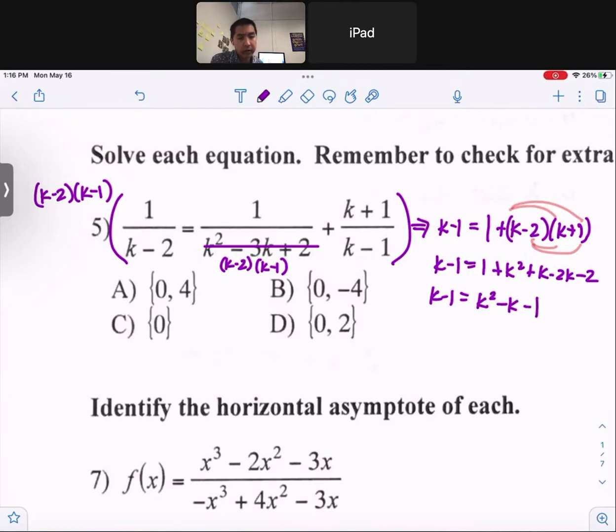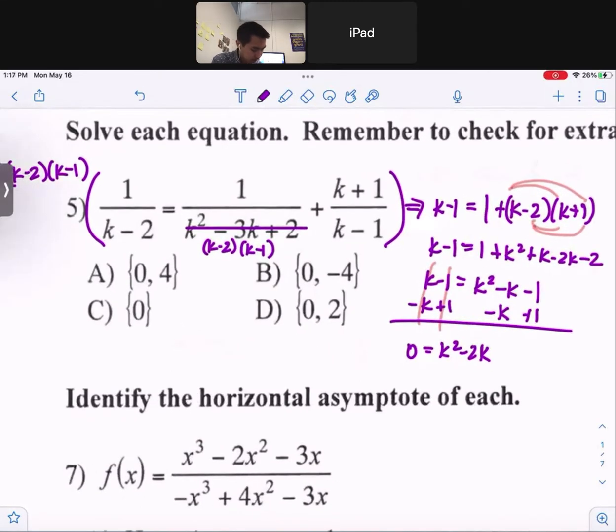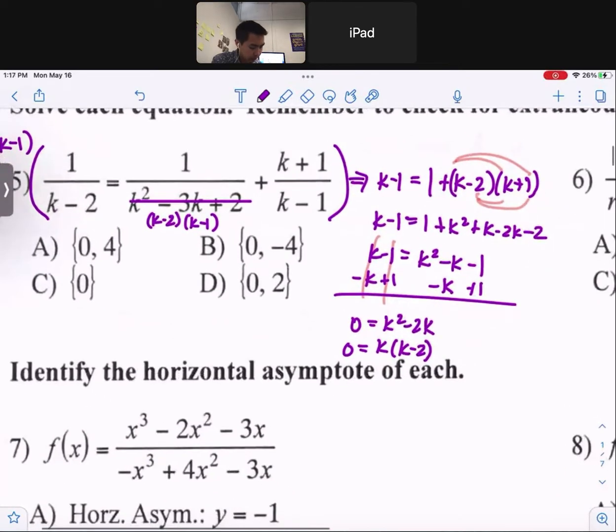Then we set the whole equation equal to 0, so I'm going to move everything to the left hand side. 0 equals k squared minus 2k, and that's about it. So we factor this, and we can factor out a k, and then we set the equation equal to 0. So k has to equal 0, or k has to equal 2.